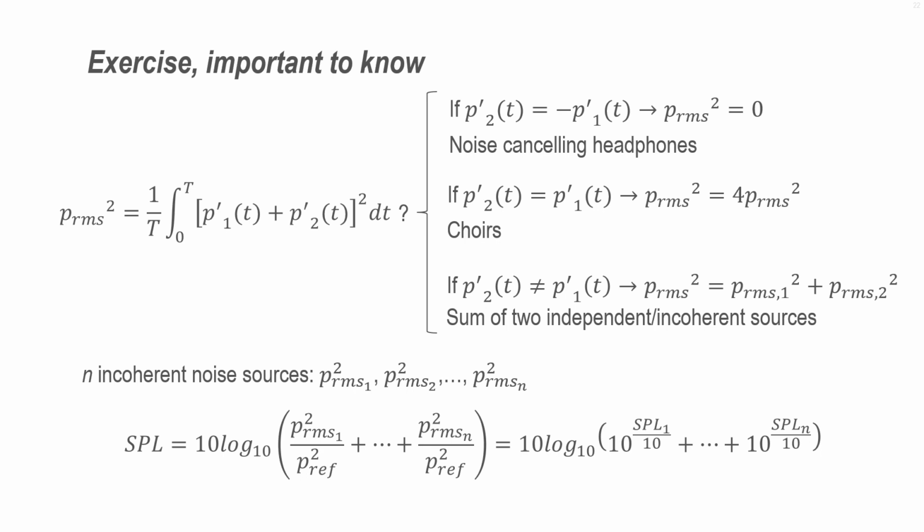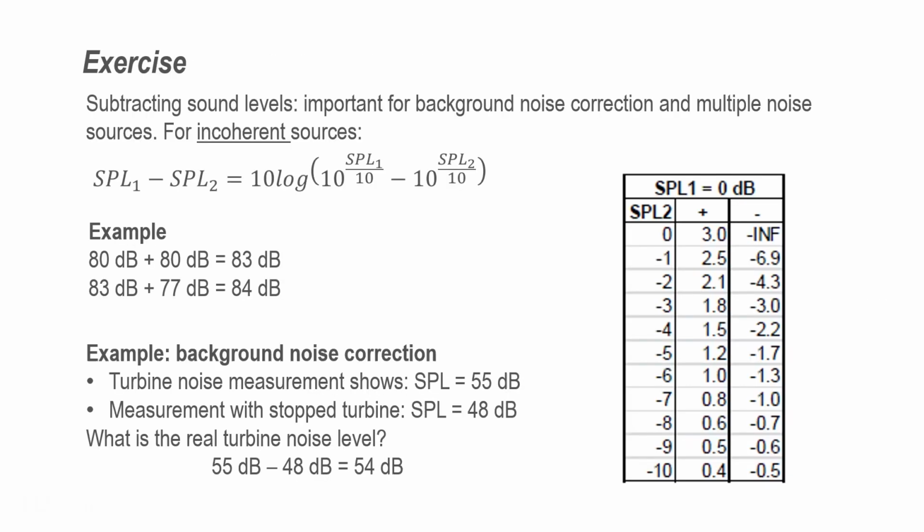In practical engineering applications, you can also find easy conversion tables which allow you to subtract or add sound levels, for example to correct for background noise. Suppose a turbine shows 55 dB with operation and 48 dB installed. The real turbine contribution would be, if you check the table, about 54 dB.